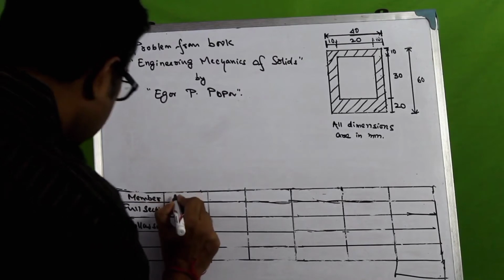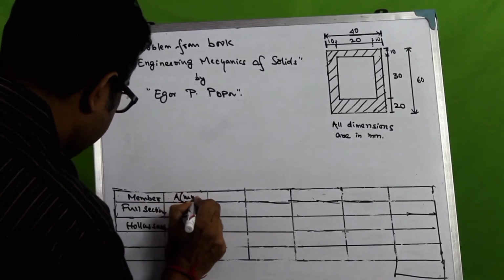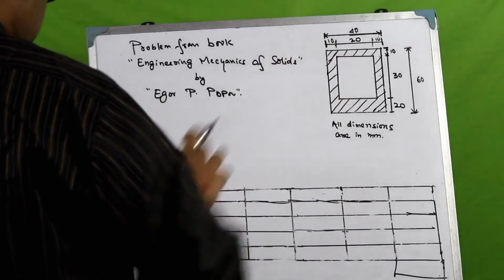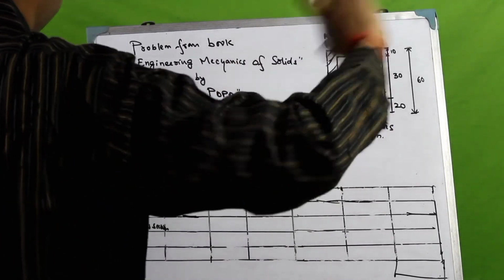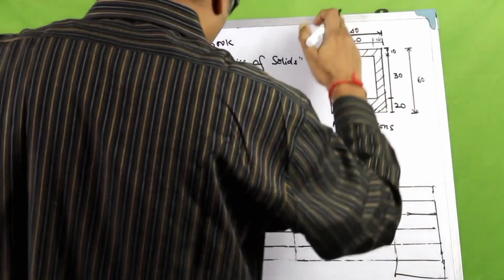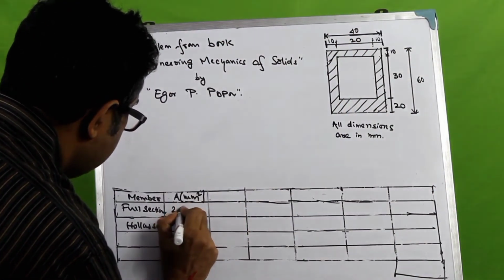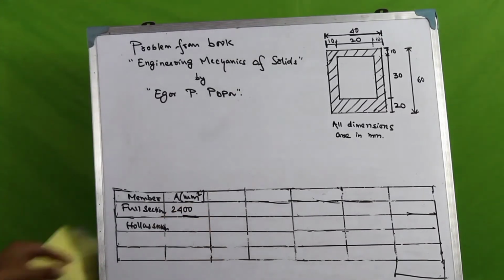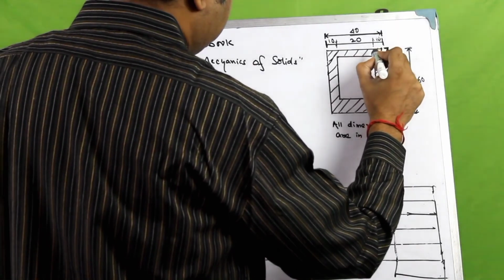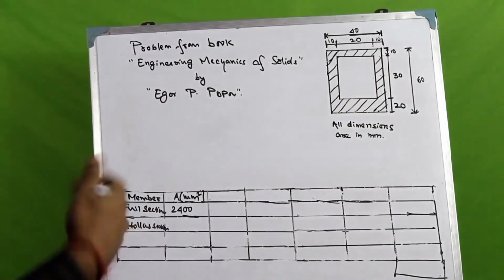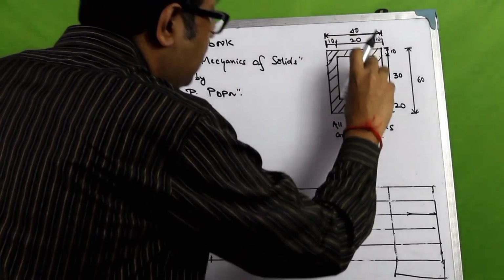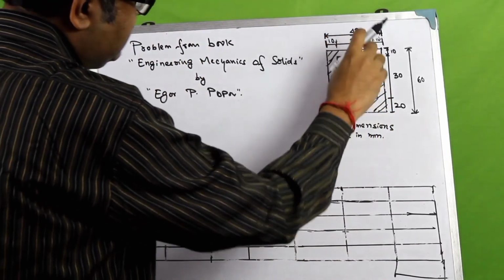So the area in millimeter square we can express as follows. For the full section, just imagine it's a full rectangle of 40 millimeters by 60 millimeters. So 60 into 40 is 2400 millimeters square. And for the hollow section, it is 20 millimeters by 30 millimeters, so 30 into 20 is 600 millimeters square, but it doesn't have any material in it.